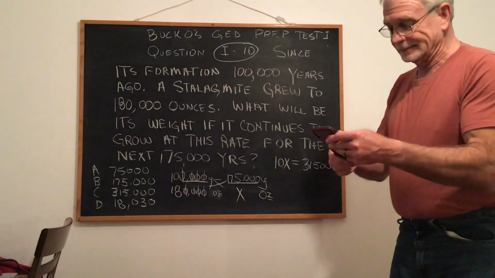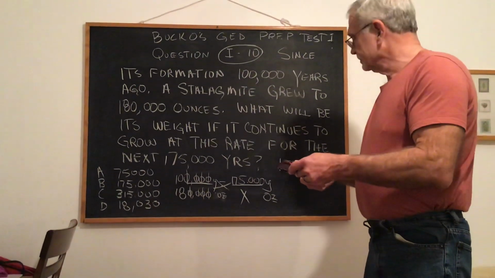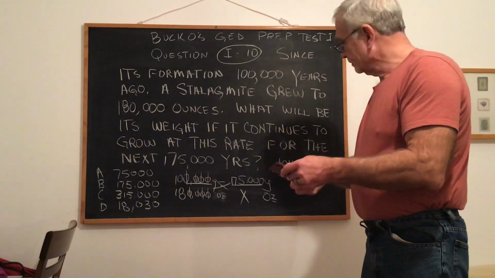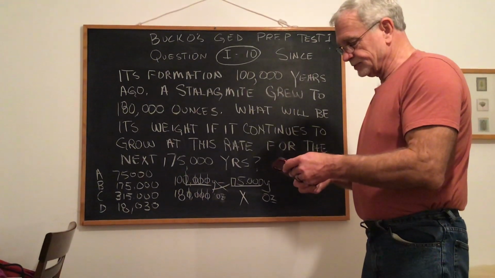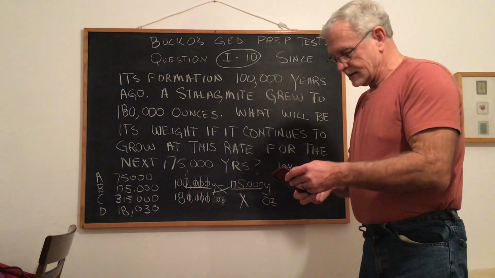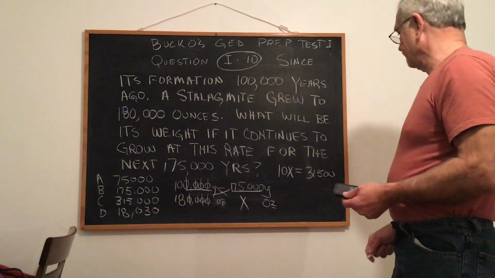Watch this right here. 175,000 times 18 equals 3 million.